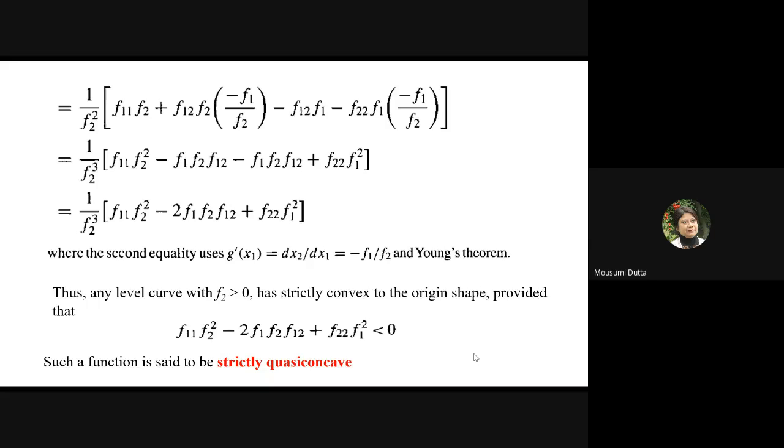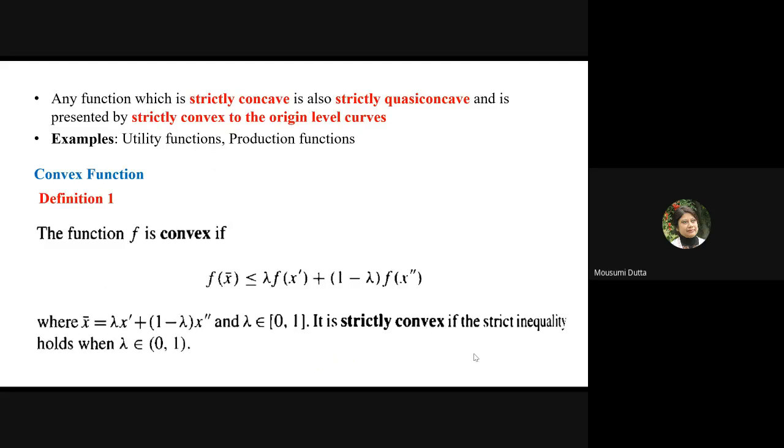If a function is strictly concave or quasi-concave, in that case, this function can be presented by a strictly convex curve. So any function which is strictly concave is also strictly quasi-concave, but the reverse is not true and is presented by strictly convex to the origin level curves.